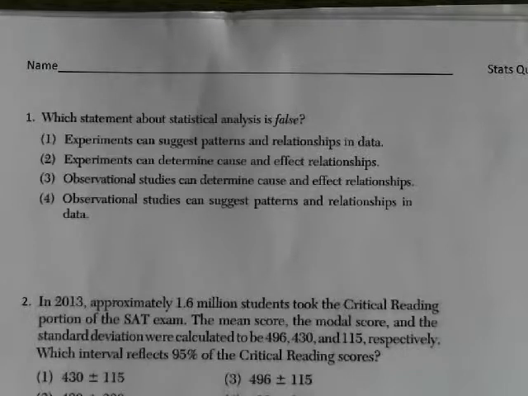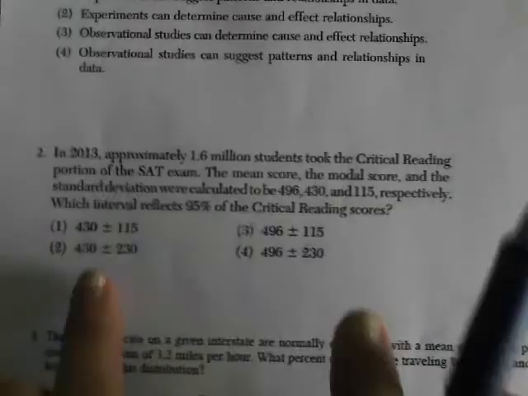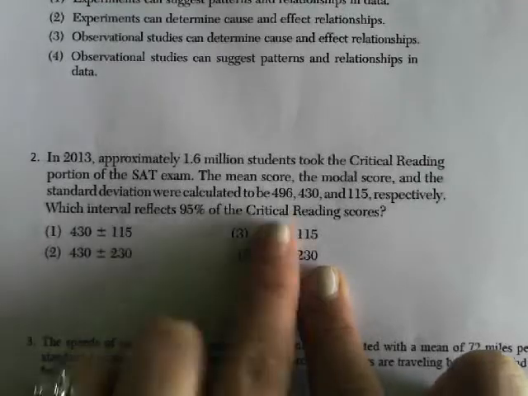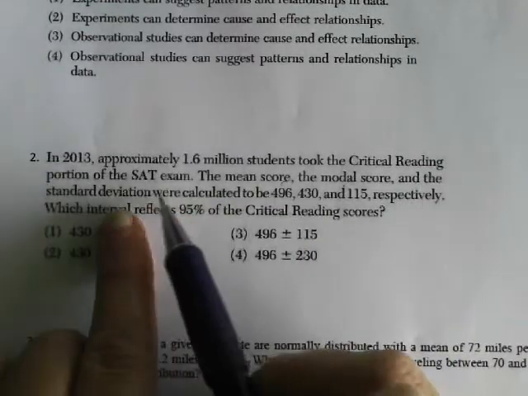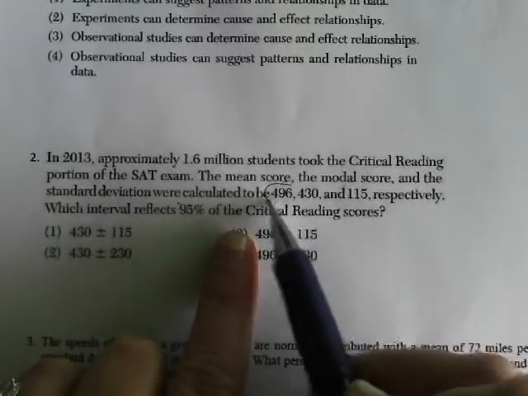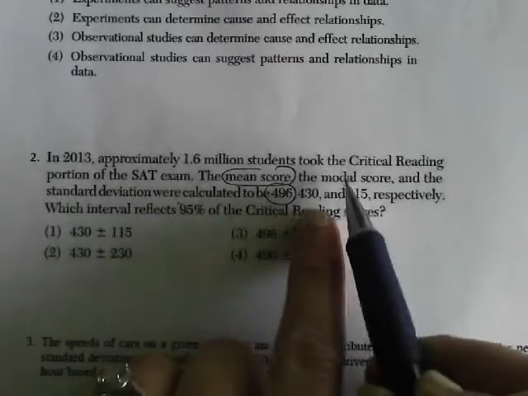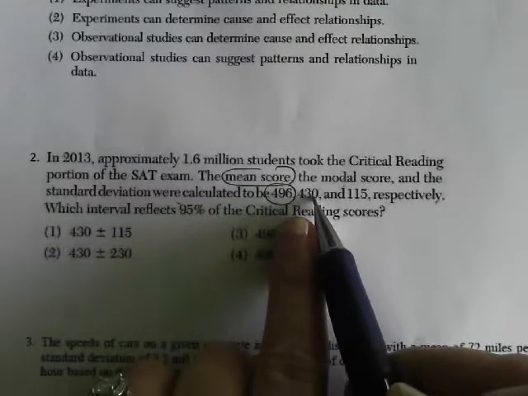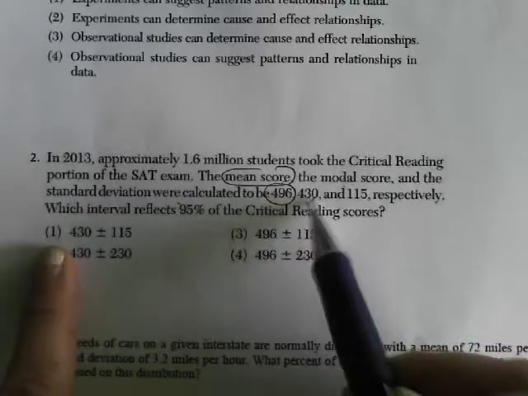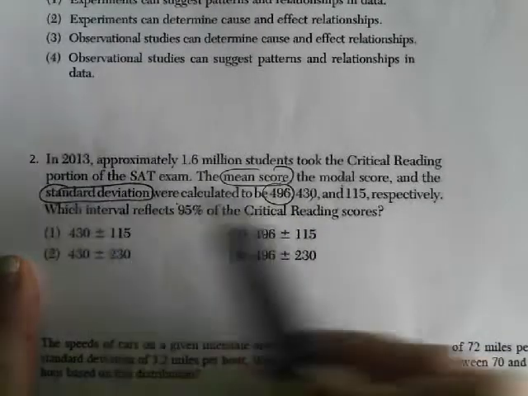Okay, number 2 gave us a mean, mode, and standard deviation. The mean was 496. The mode was 430. We do nothing with the mode in statistics at this level. And the standard deviation was 115. So when they want the 95% interval, that's 2 standard deviations away from the average.